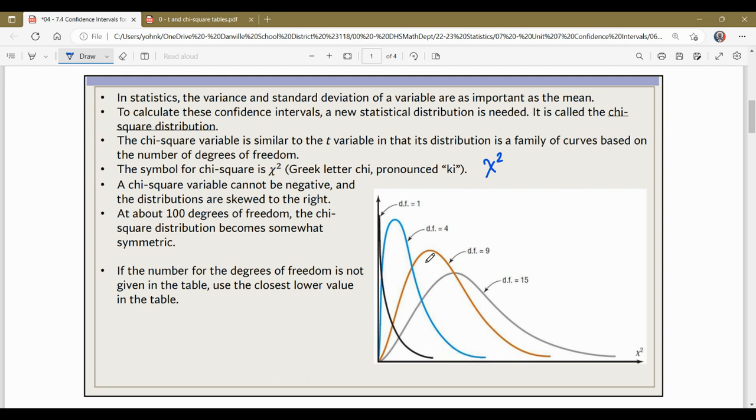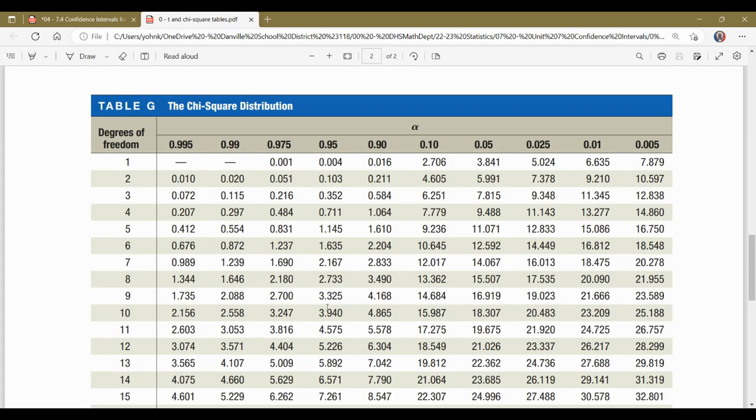So we already talked about how the distributions are skewed to the right, and here is a chi-square table. This is a chi-square table that has alpha at the top and degrees of freedom down the side. Now, it doesn't say anything about confidence level, but it is a symmetric table. So there is kind of this middle where it goes down the table and separates the data into a right side and a left side.